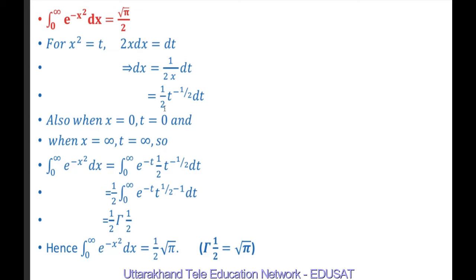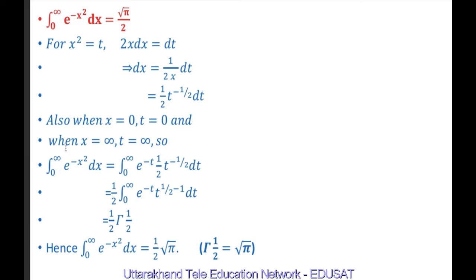So 1 upon 2, because x is in the denominator, if you shift to numerator, t raised to power minus half dt. Limits: if x equal to 0, then t is 0. If x is infinity, then t is infinity, because x square is t and x is under root t.